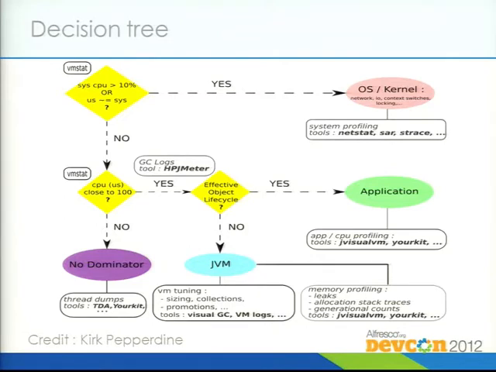So I would say that this is the basic decision tree that I use, either in consulting engagements or performance troubleshooting. You're going to start with analyzing the CPU usage and differentiate between system CPU and user time CPU. System CPU is happening in the kernel.